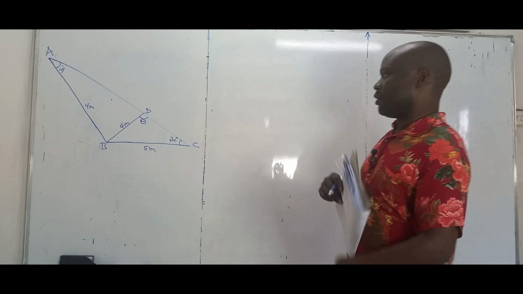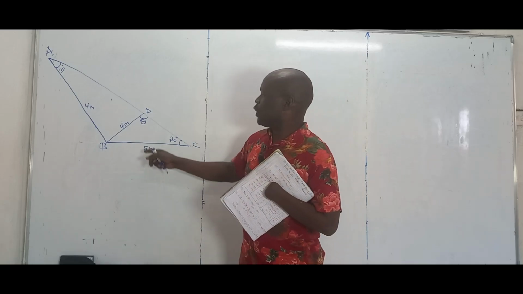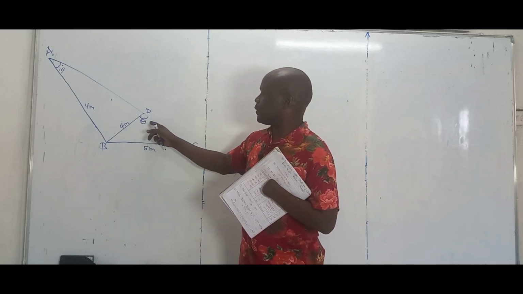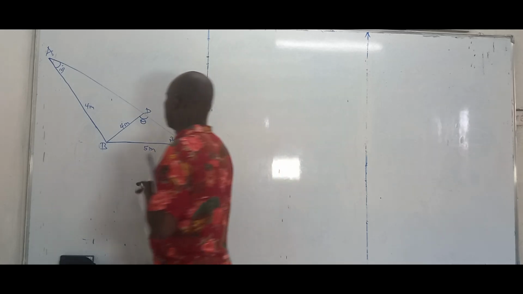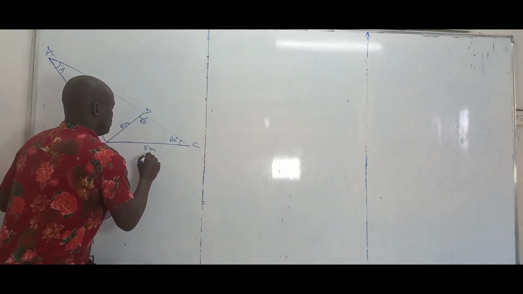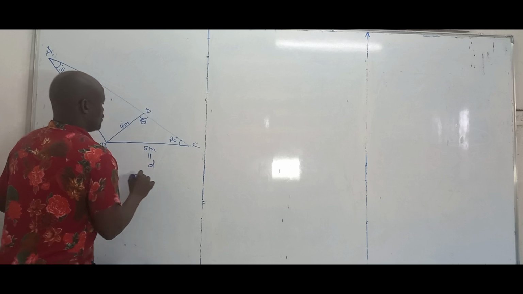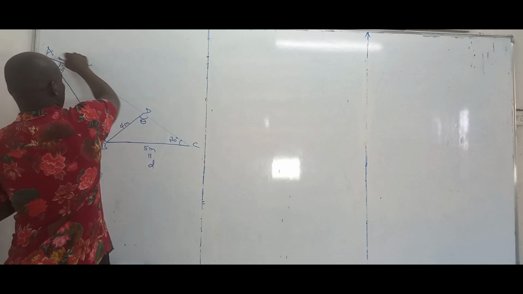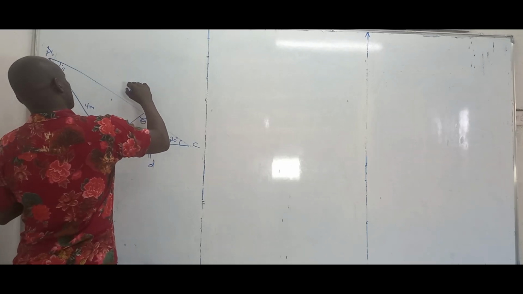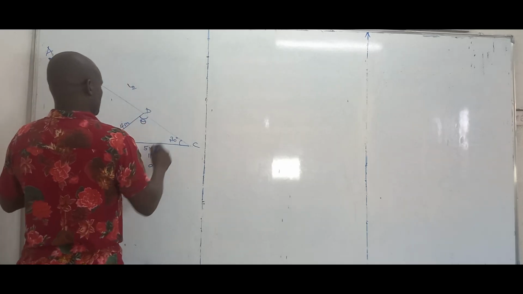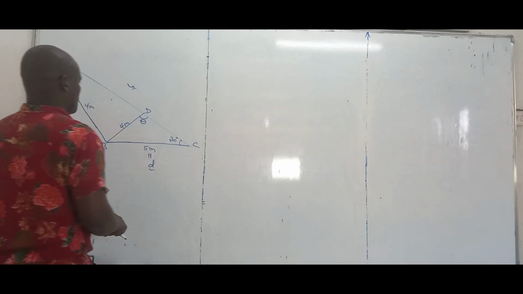If this is capital D, this is small d, and the whole of this should be small b.